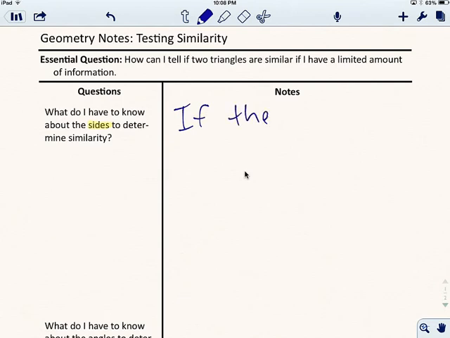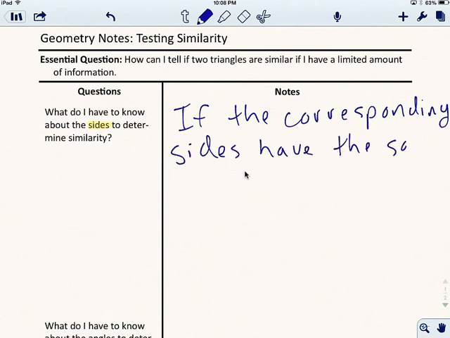So we can say that same thing backwards: if the corresponding sides, sorry about my handwriting here, have the same proportion, then the triangles are similar.